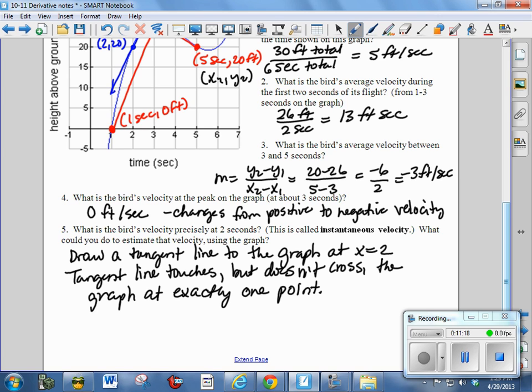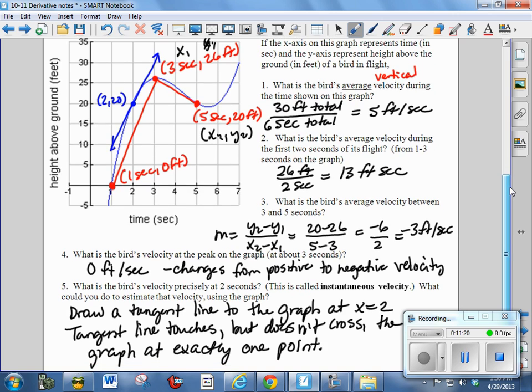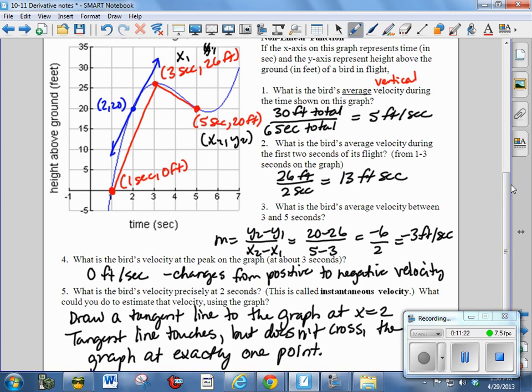So if I look at this line, it looks like that this line goes through the point down here and up here. And for the best guess that I have, this is a difference of 2 seconds in the x direction. In the y direction, we have a difference of 20. So it looks like my best guess here is that the slope is approximately 10.